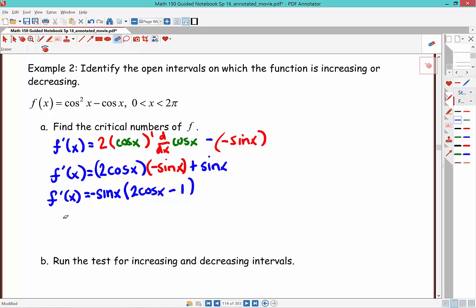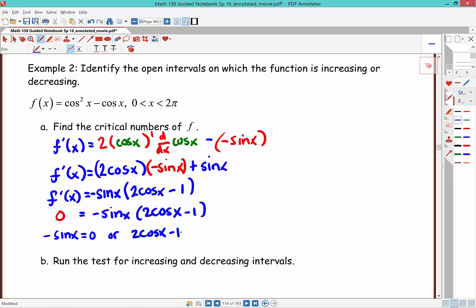Oh, we have to show the 0, right? So setting the derivative function equal to 0, we'll get negative sine at x times 2 cosine at x minus 1 is 0. So we will have negative sine at x is 0, or 2 times cosine at x minus 1 is 0.